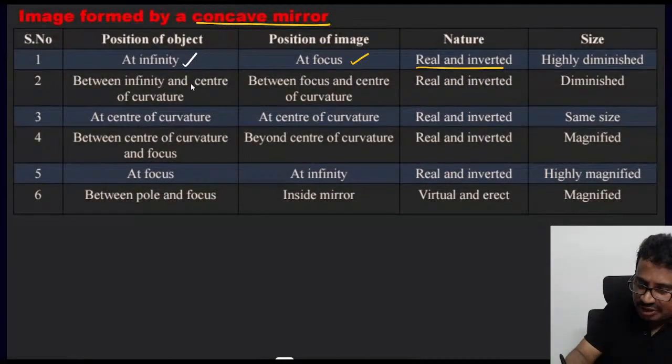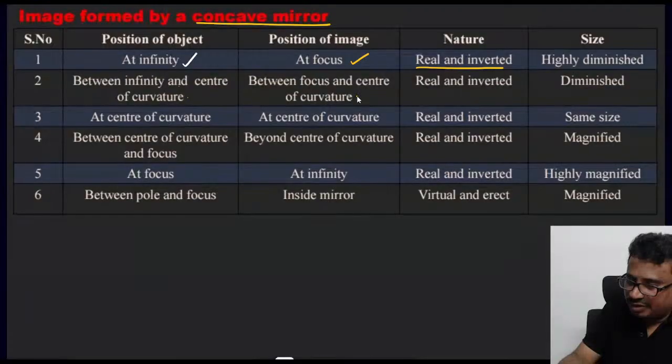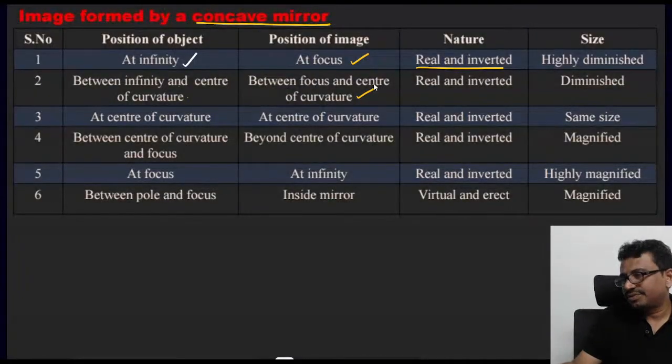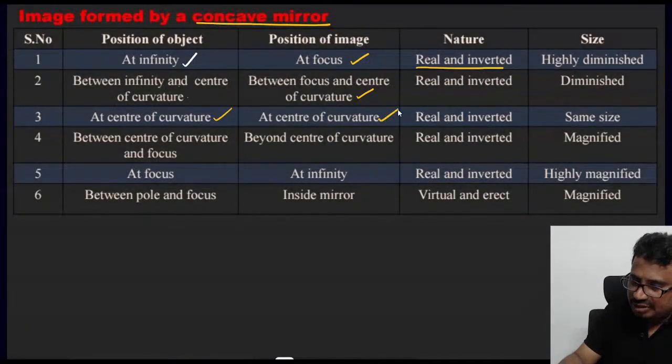If the object is in between infinity and the center of curvature, the image will be formed in between focus and center of curvature. If the object is at the center, the image is also at the center only.